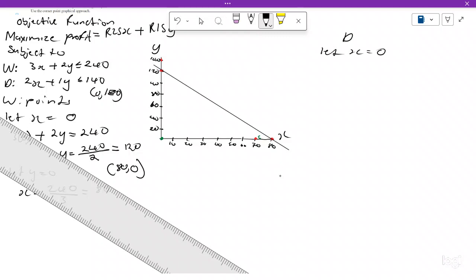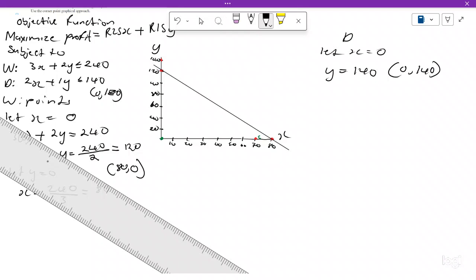Then that one of 140. Do you see y is equal to 140? When x is 0, it's 2 multiplied by 0 is 0, plus 1y equals 140. So y is equal to 140. Again, I need to write it here: 0, 140. The habit of writing your points will save you daily.